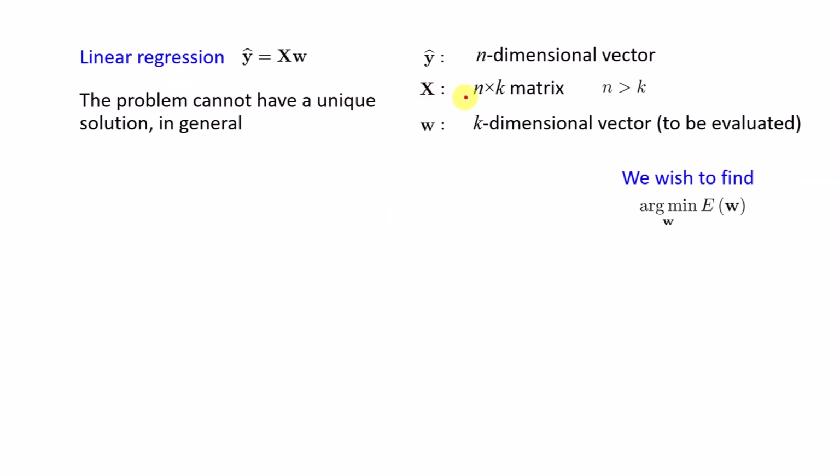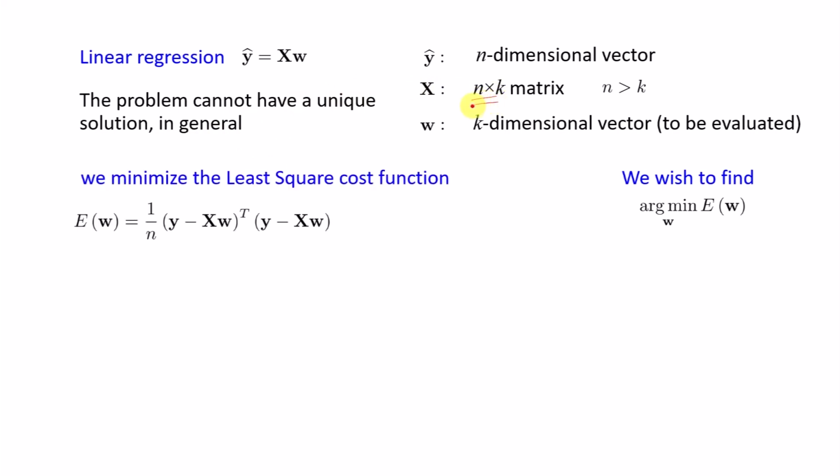Only thing here is that we have this n by k matrix, X matrix. Once again, we minimize the least square cost function (y − Xw)ᵀ(y − Xw), and we get the gradient (2/n) Xᵀ(y − Xw). Zero gradient gives me the same equation.